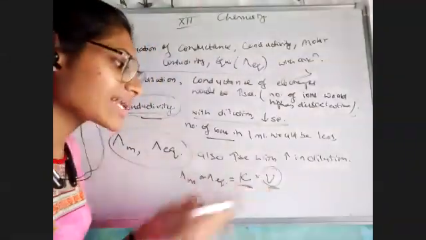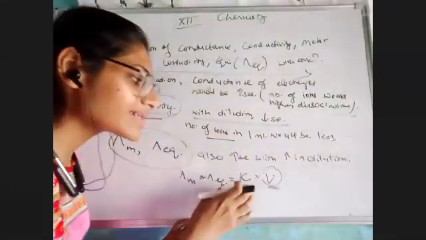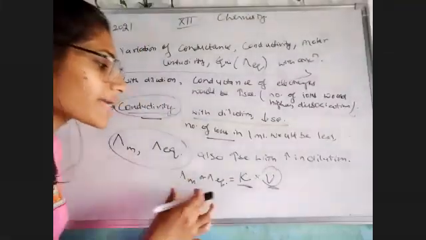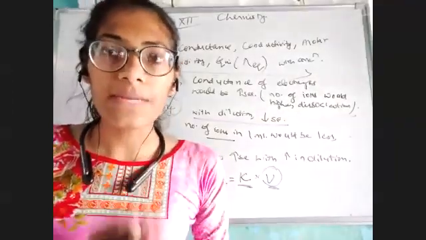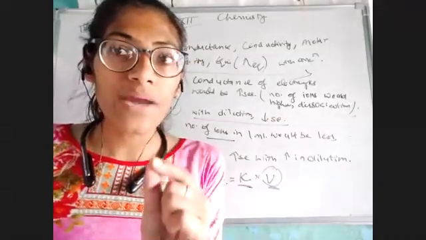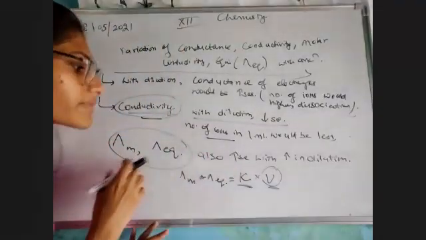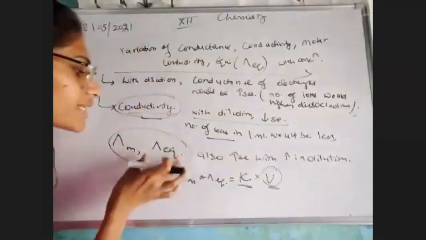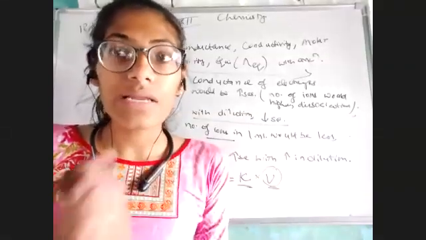And we have the relation in multiplication, so we can say that with the increment in volume, rather than the small decrement in conductivity, our lambda m and lambda equivalent would both be increased. Lambda m and lambda equivalent are defined from conductivity, but the only point is they both depend upon the volume. Lambda m depends on the number of moles per liter volume, and lambda equivalent is the number of equivalents per liter volume.